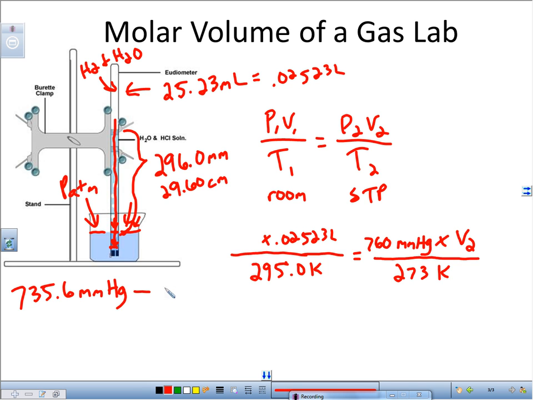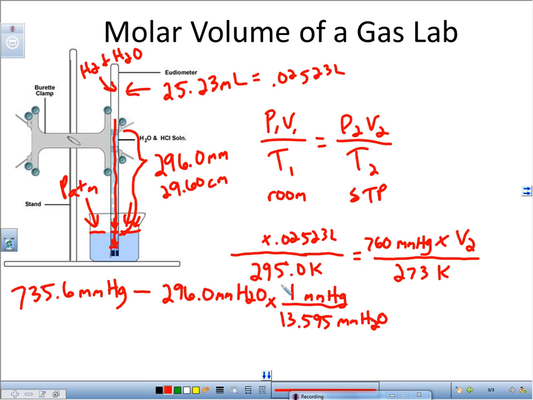But that difference in height is in millimeters of water. So within this, I'm going to go 296.0 millimeters, but that's of water. So we're going to do a little conversion. There are 13.595 millimeters of water for every 1 millimeter of mercury.